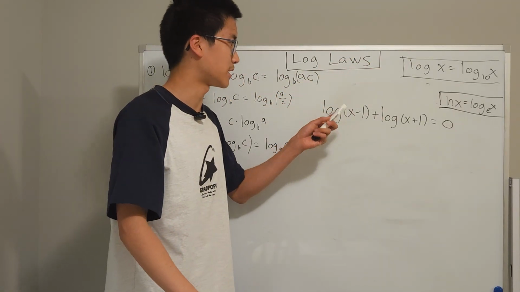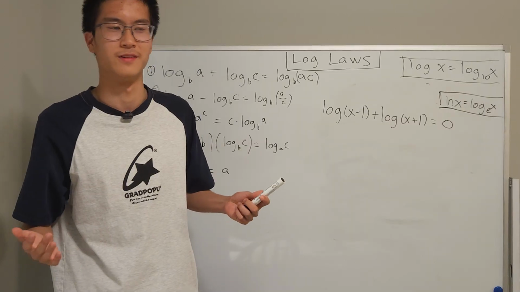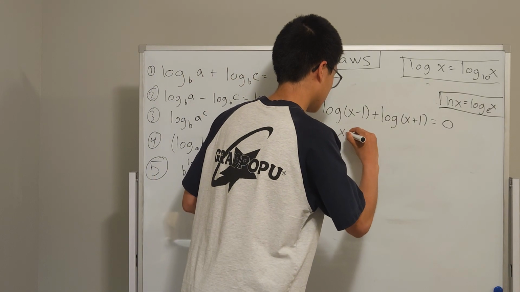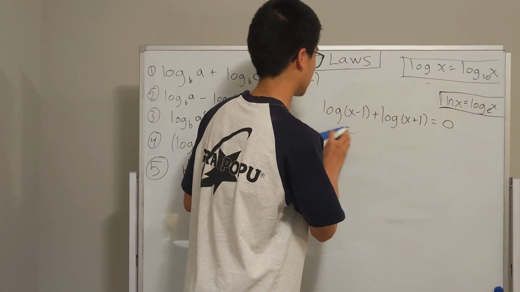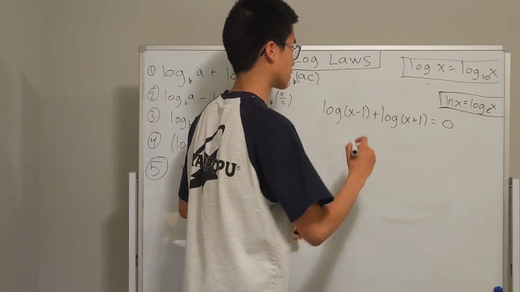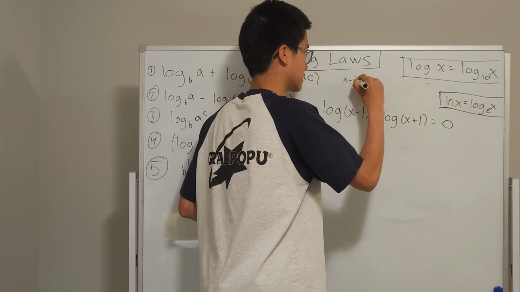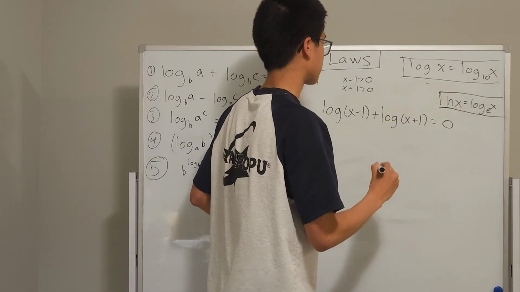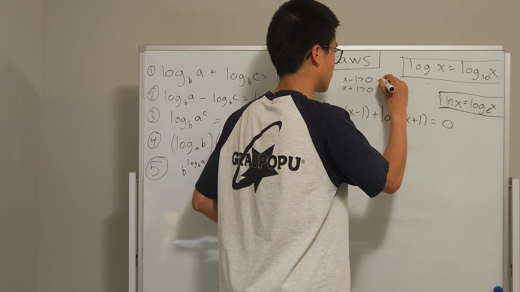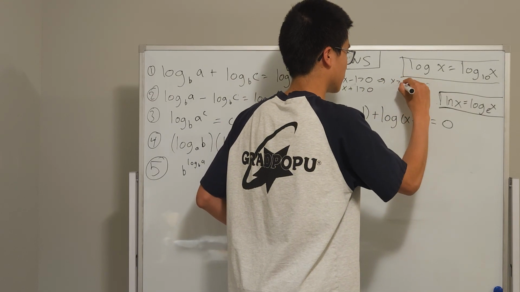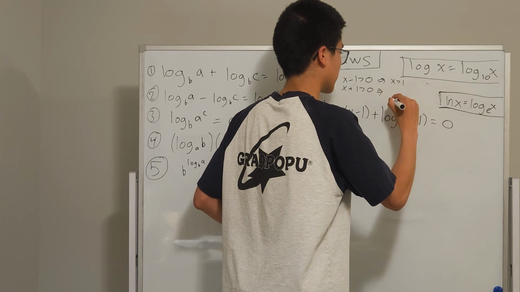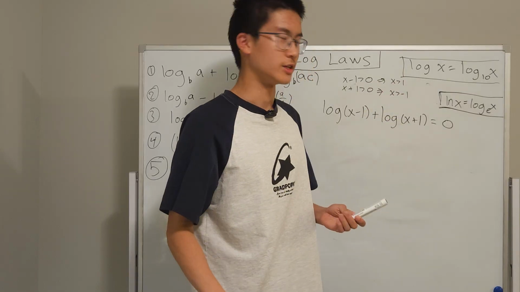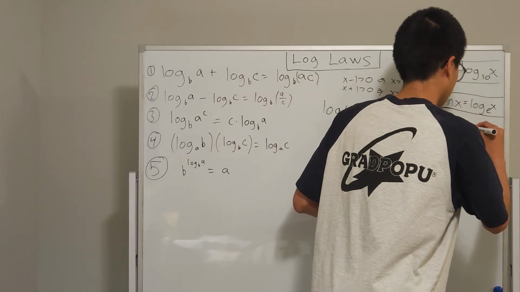Therefore, x minus 1 cannot go below 0 as well. So our restrictions: we have x minus 1 is greater than 0, and we also have x plus 1 is greater than 0. This will give you x is greater than 1, and this will give you x is greater than negative 1. If you combine these two together, you'll get that x is greater than 1.